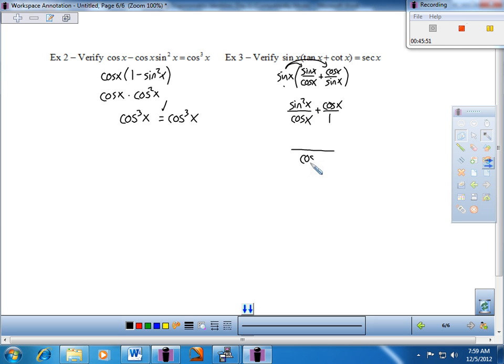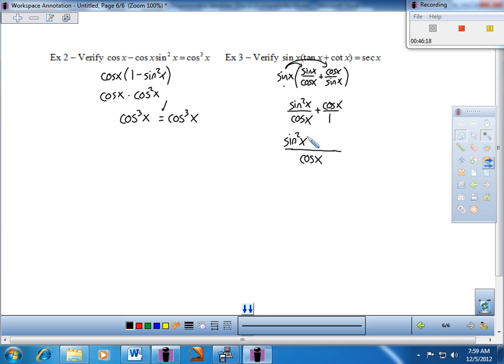And so you're going to do a lot of this. So I'm hoping you remember how to add and subtract fractions. In this case, everybody, we're going to add fractions together by getting a common denominator. So the common denominator for cosine of x and 1 is cosine of x. So however we change the denominator of each of these fractions, we're going to change the numerator in the same way. So I'm hoping everybody agrees with me that the denominator from here to here has not changed, and so the numerator doesn't change.